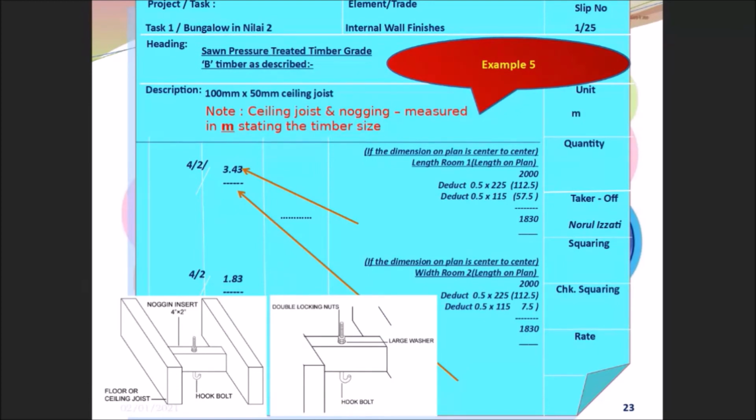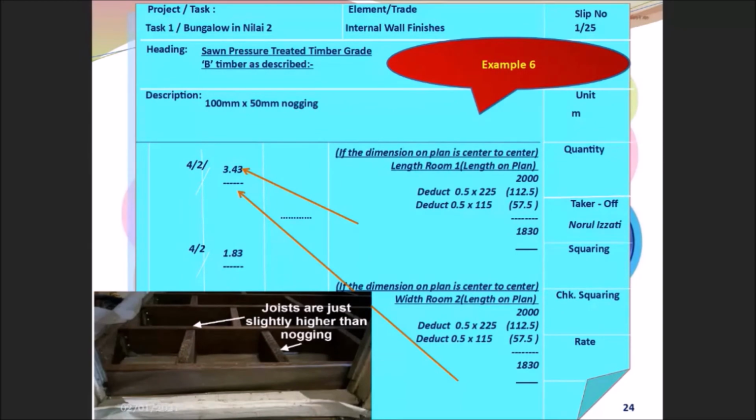You can refer to section M.1. After that, if they are nogging details, also you have to measure.